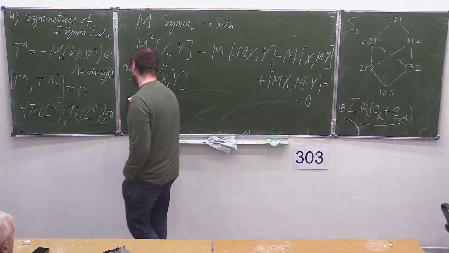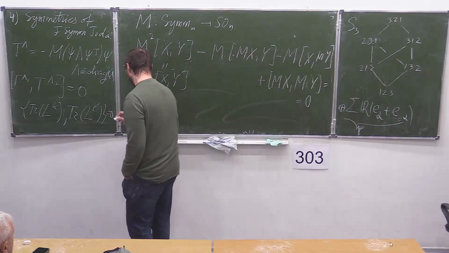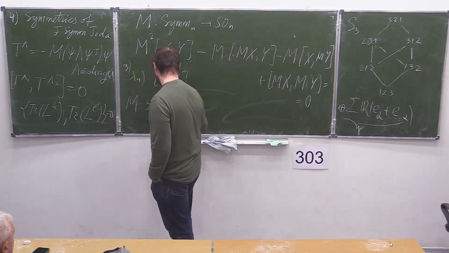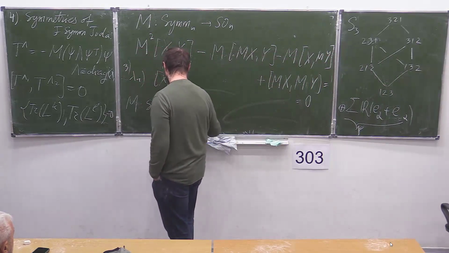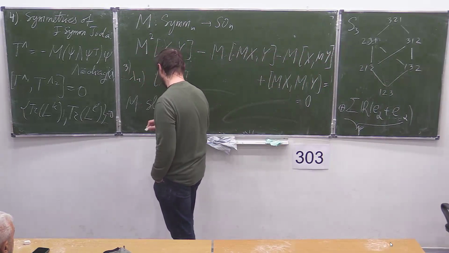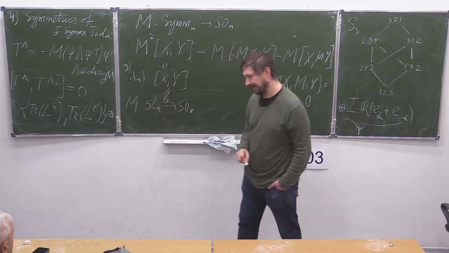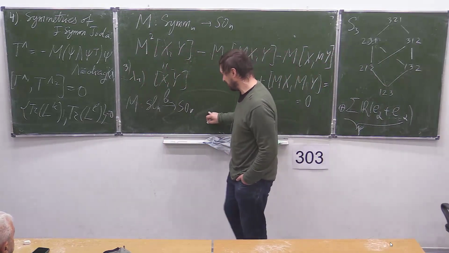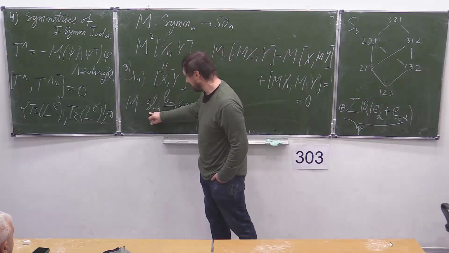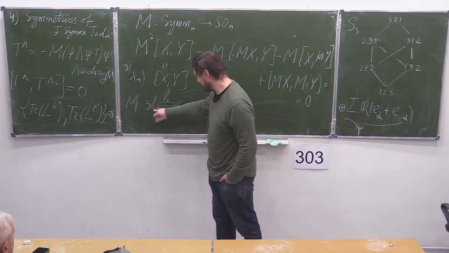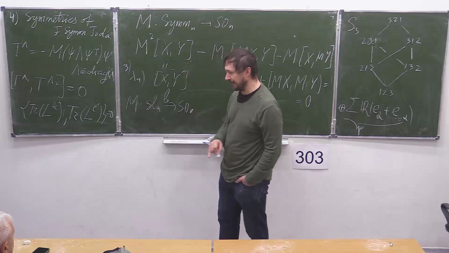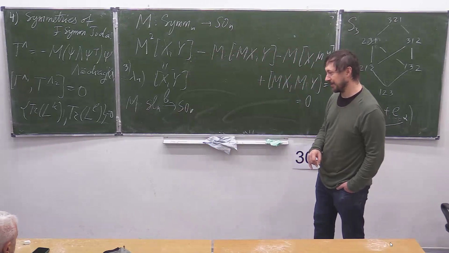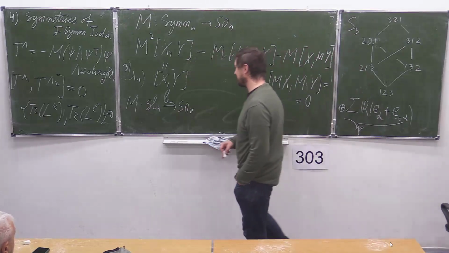But to this end, you need to interpret M as a projection onto SO(N) from SL(N) along B minus. If you take this projector and restrict it to symmetric matrices, that's precisely the M you need, just the projector, nothing else.